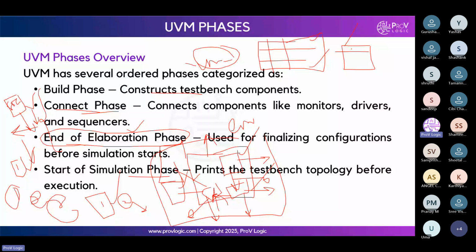So there are different ways the output can be presented, whether in a table format or just normal one-to-one output display. Like that we have structured those things. We can write them in the start of simulation phase. It prints the test bench topology before execution.